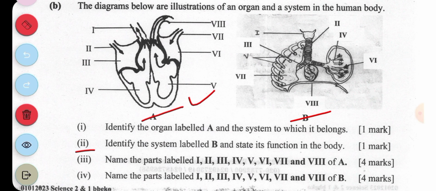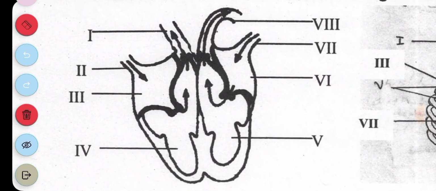The oxygen is supplied to the red blood cells, and from the red blood cells it is delivered to the body cells. So, identify the parts labeled in A. I would want to zoom in so we can look at the parts in detail. This is the human mammalian heart, and I is the pulmonary artery.